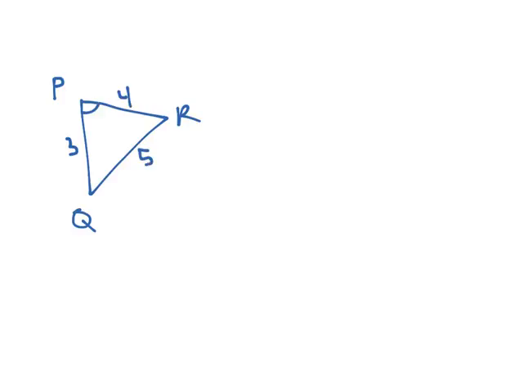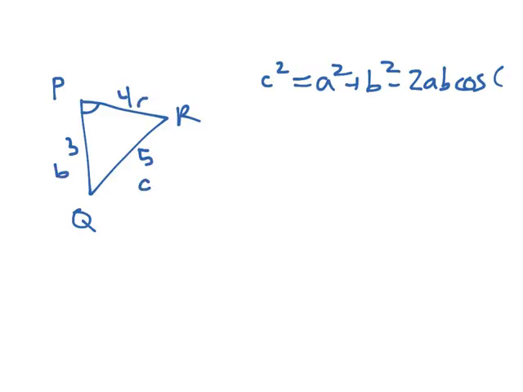And let's solve for this angle. So our cosine formula looks like this. C squared is equal to A squared plus B squared minus 2AB cosine C. And let's choose this as C, this is B, this is A.